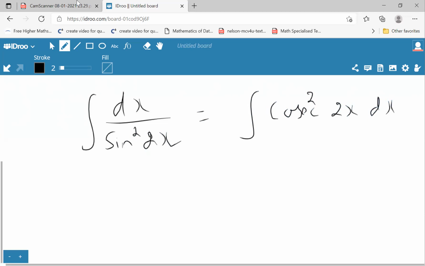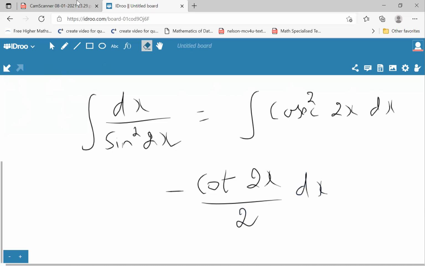Integration of cosecant squared is nothing but minus cot, right? So minus cot 2x, and you have to divide by the coefficient of the variable, 2. So minus cot 2x by 2 plus c.